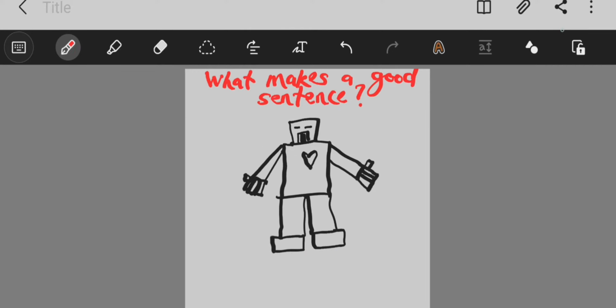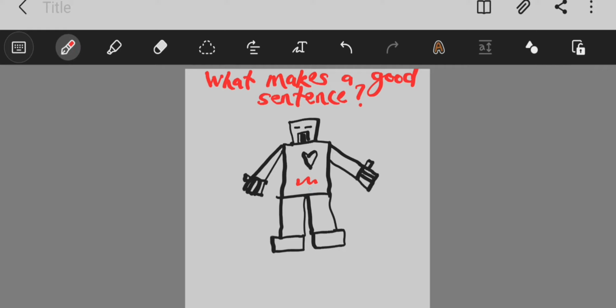Before we start off, I think it's fair to explain a bit what makes a good sentence. What should you add in a sentence that will help you write a good sentence? First off, I want you to imagine a robot, this cute little robot. Imagine a sentence as a robot.